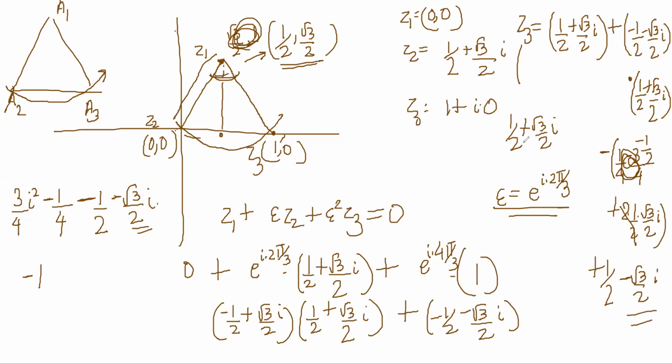So in a cyclic order, it will be correct, right? If you take Z2 plus epsilon Z3 plus epsilon squared Z1, it should be correct. So then our calculation is wrong? I think I got a proof that the sum is 0.